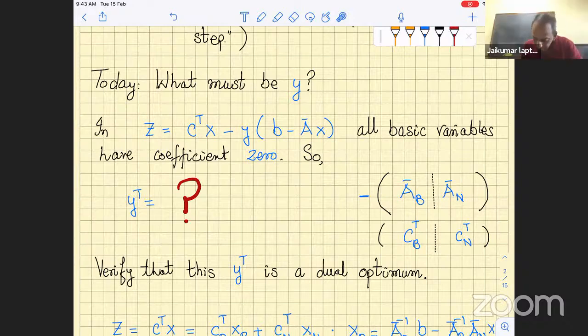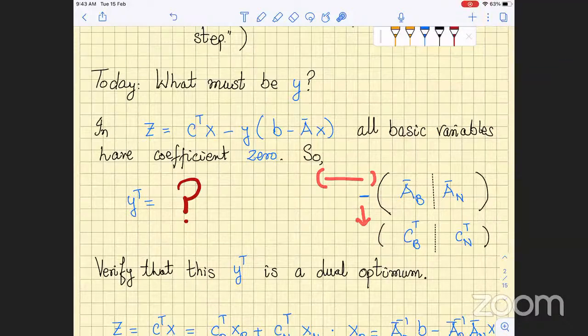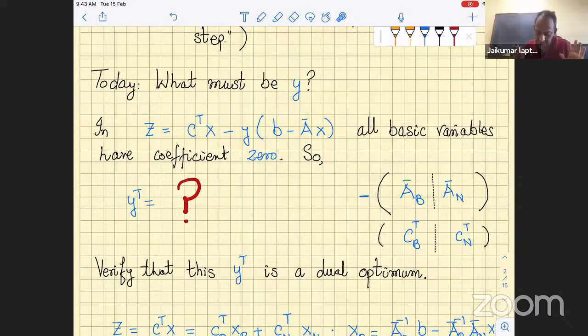Right now we don't have any variables. We have only a matrix of scalars here and a row of scalars. I'm asking, what should I multiply this matrix of scalars by so that when I add it to this part, it gets cancelled? And this is a non-singular matrix.